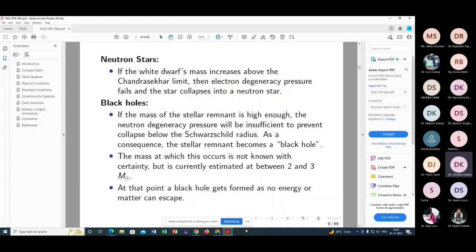As a consequence, the stellar remnant becomes a black hole with the accumulation of more mass. It means a black hole is something with very high density material, or very heavy mass in a very small region, and the gravitational force will be very high.